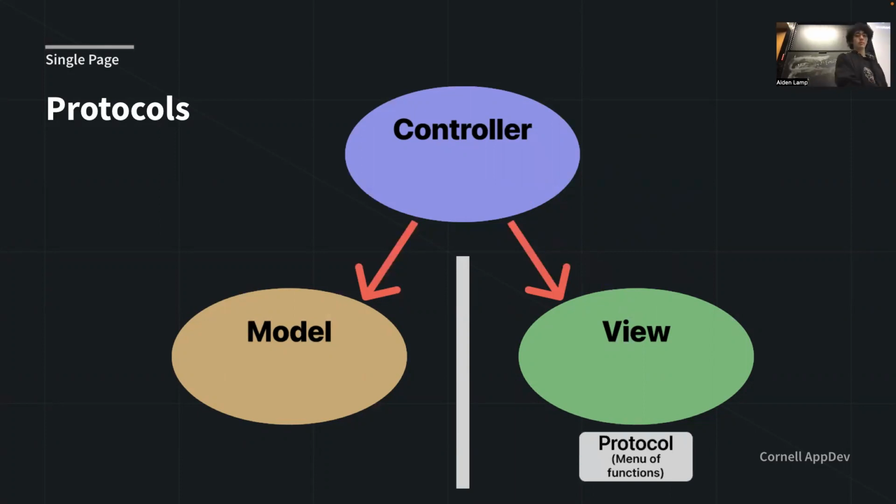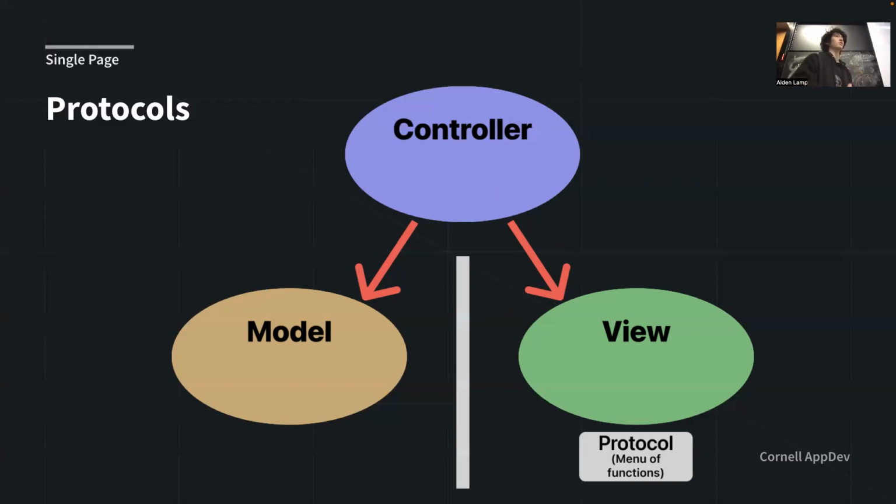In our view, we define a protocol, which is the list of functions. It doesn't even have what the functions do. It just has a list of, I want this function to exist, I want that function to exist. With our slider example, those could be things like they started sliding, or the slider moved to this location.